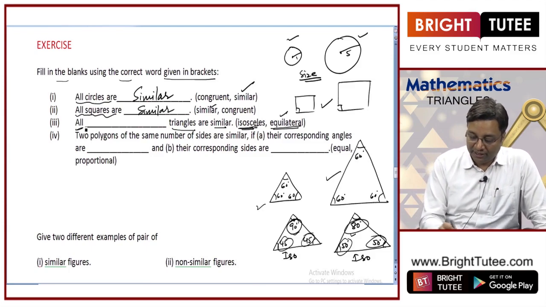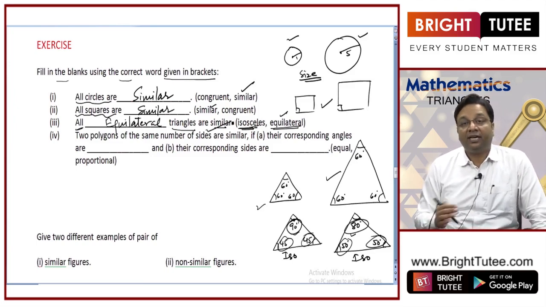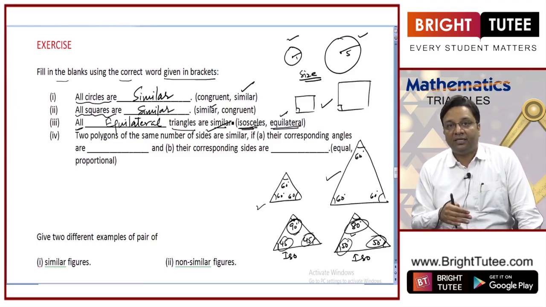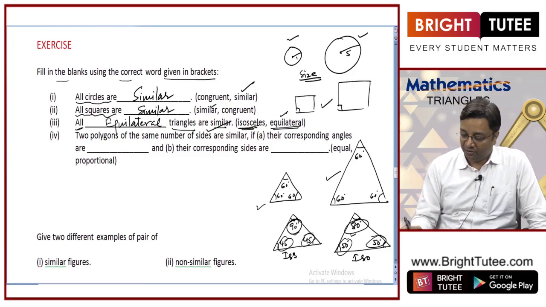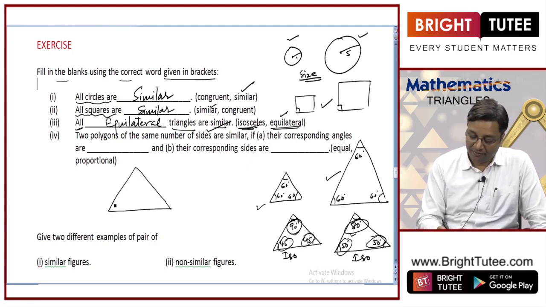So, we can say all the equilateral triangles are similar. Can isosceles triangles be similar? Yes, they may be similar if all the angles are same, but not all the isosceles triangles are similar, right?